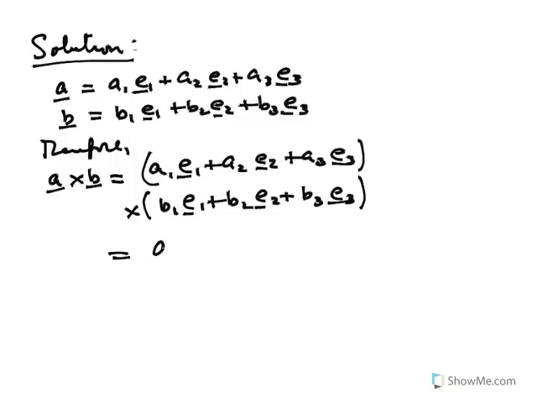So I get A1 B2, E1 crossed with E2 is E3. A1 B3, E1 crossed with E3 is minus E2. So I get minus A1 B3 E2. The next one is E2 crossed with E1, which gives me minus A2 B1 E3.